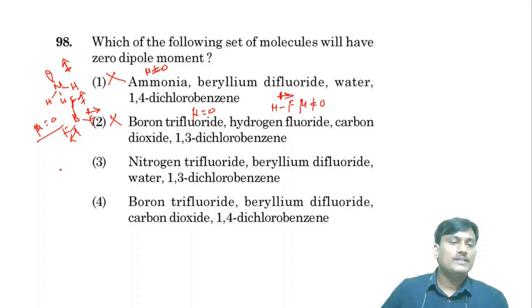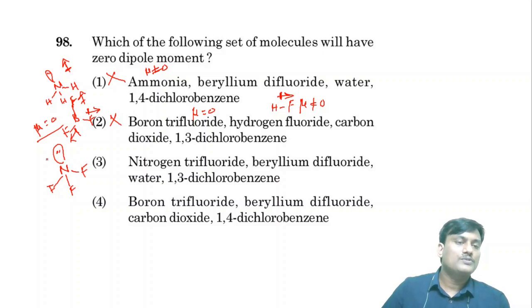Nitrogen trifluoride. If you take this one, the lone pair electrons have a dipole moment in this direction. From the NF bonds you have it in this direction. Finally, there is a net dipole moment in this direction.